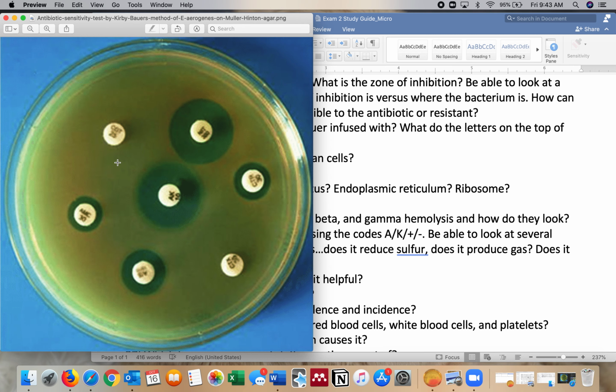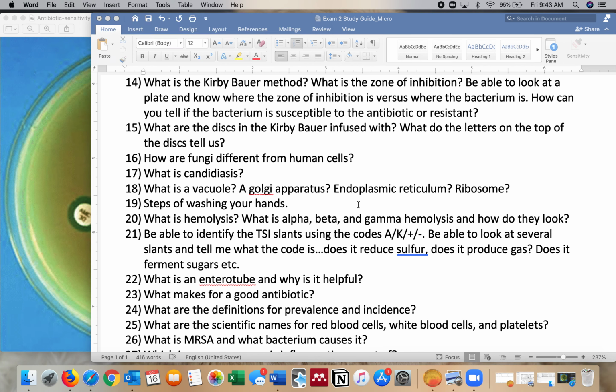So if I was looking at this plate, I could see this is my zone of inhibition. This is my antibiotic disc, and all of this kind of yellow-green is our bacterial lawn, okay? Let me just make sure I answered all parts of this question. Yep.